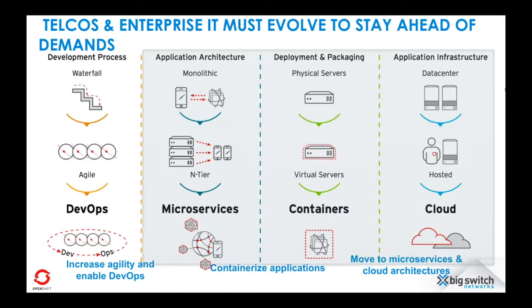Then, moving to virtualization, the same thing was delivered in the context of virtual machines, and moving forward, packing much more density and scale with containers. The IT evolution, or the telco evolution, is to move faster, scale up in terms of densities, and move to a microservices-based architecture for the cloud.